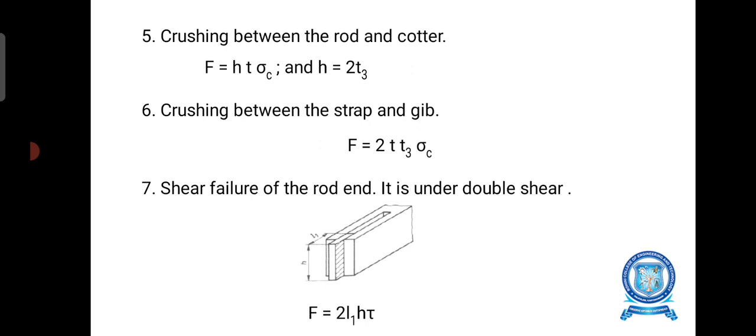Shear failure of the rod end, it is under double shear: F equal to 2 L1 H into tau, with H and L1 as shown in the figure.